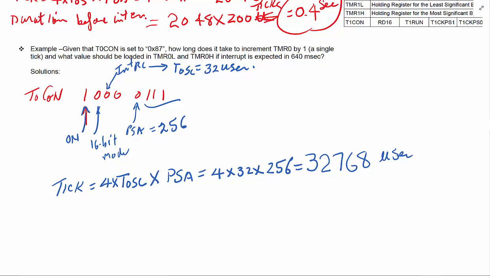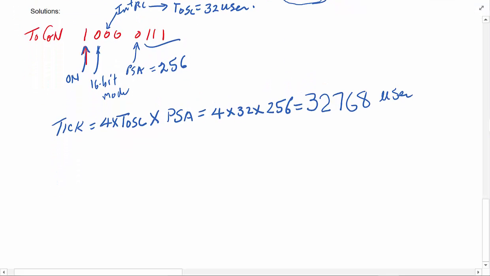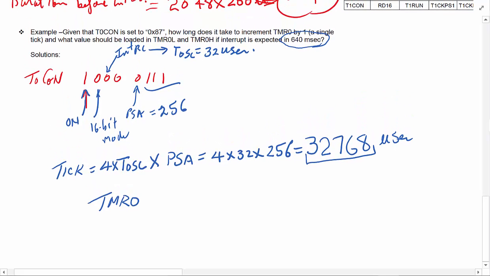Now the second part of this is asking, what do I have to do to get a delay of 640 milliseconds before this interrupt happens? We know this means we have to find out what we are putting in timer 0, and make sure we know how many of these ticks we need for 640 milliseconds to happen.